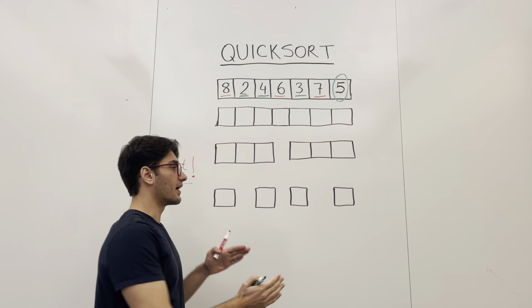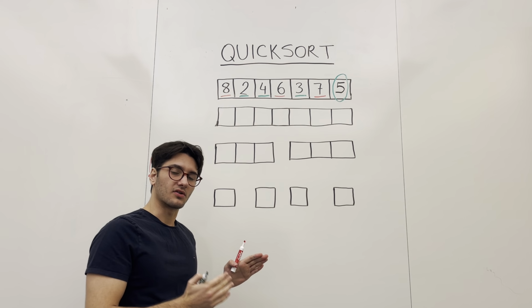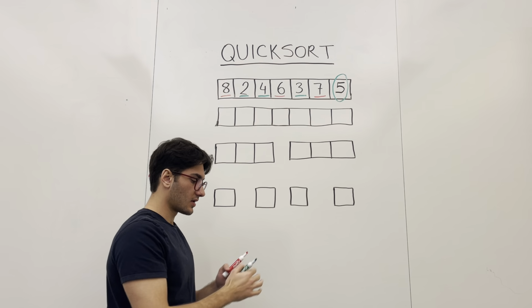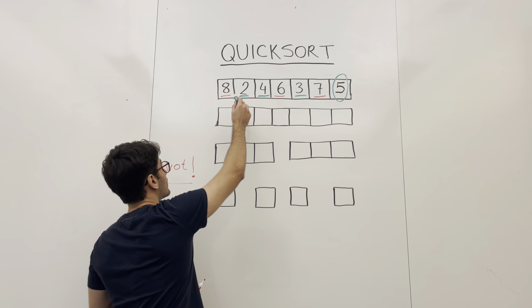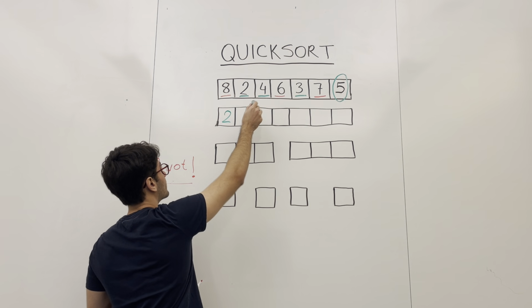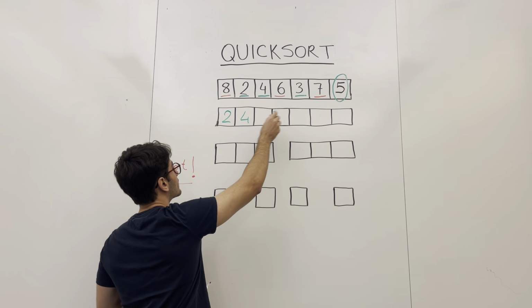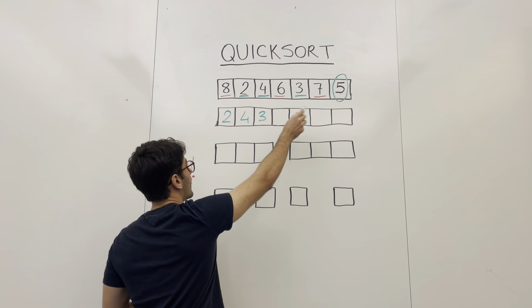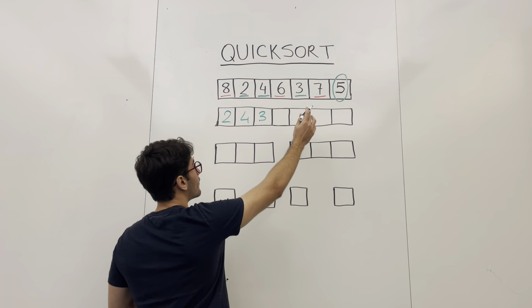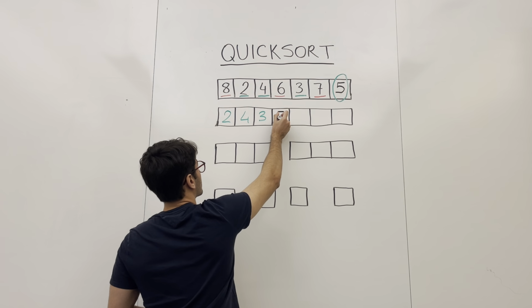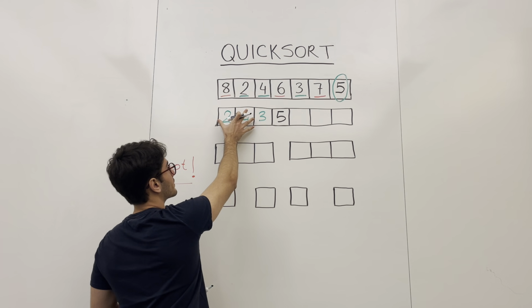So now we're going to find the right place for 5 and put the elements that are smaller than 5 to the left, and the elements that are greater than 5 to the right of it. So let's start. We have 2 here that is smaller, then 4, then 3, and then we're going to have 5 here, because these are smaller than 5.